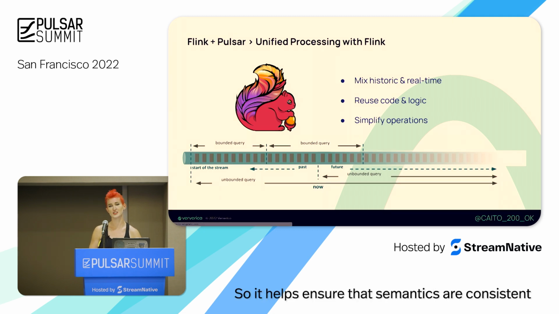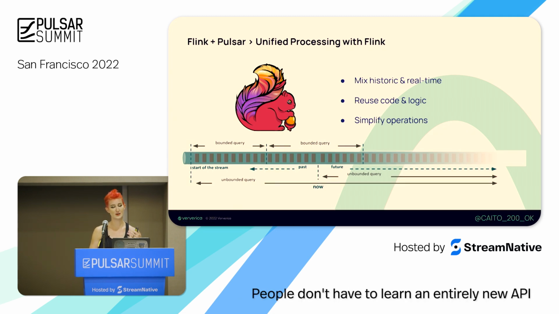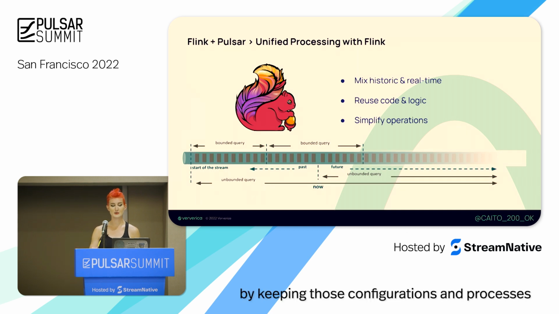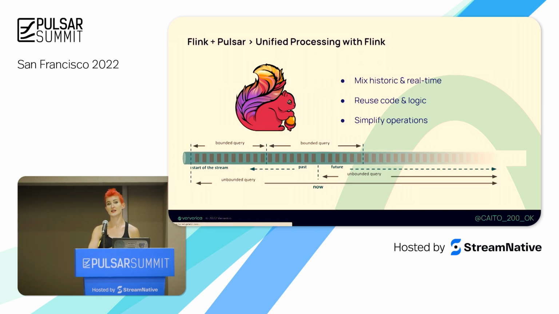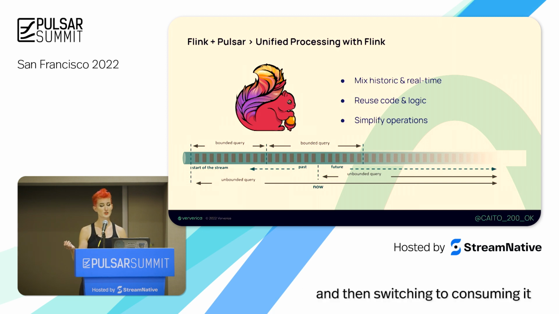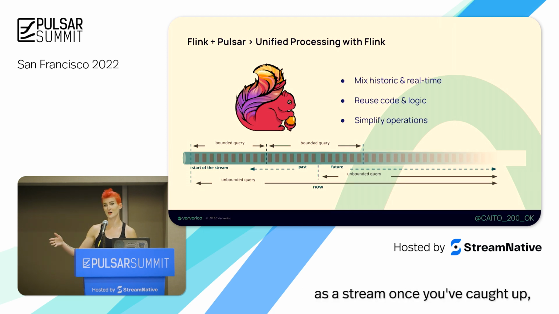It helps ensure that semantics are consistent. People don't have to learn an entirely new API for each processing mode or each layer of abstraction. And you can really simplify your operations by keeping configurations and processes the same across systems. It also enables people to mix historical and real-time data, like bootstrapping a job with historic data and then switching to consuming it as a stream once you've caught up, which I think is super cool.